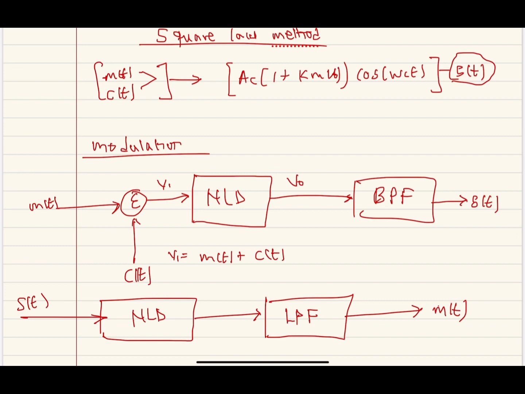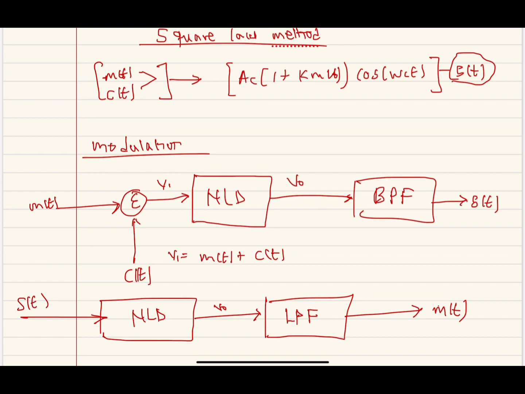Let's look at the reason why we pass the output of the nonlinear device into a low pass filter. As I explained earlier, we are extracting the original message from the modulated wave.